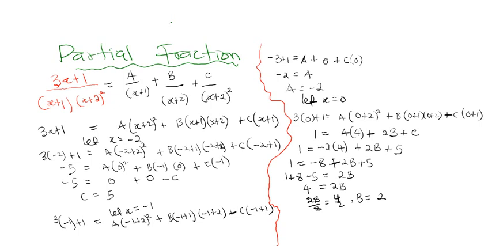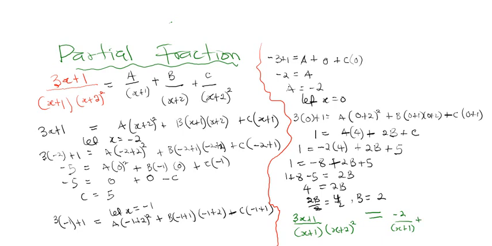So if you want to write your partial fraction, you now come to the final conclusion. Let's write our conclusion. Rewriting it, we have 3x plus 1 over x plus 1 times x plus 2 all squared is equal to, a is negative 2, so negative 2 over x plus 1, plus our b.